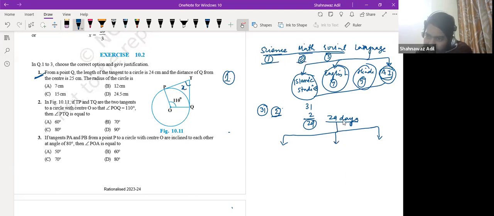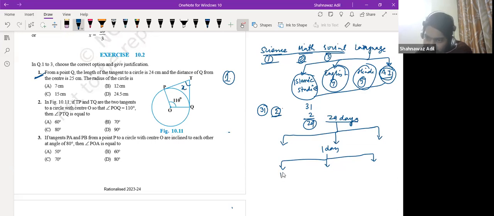So let's say in 29 days, in 1 day, how many hours can you give in total? 3 hours or 2 hours. Yes, we have to increase this time. So let's say you give 3 hours, but you have to increase that time depending upon your situation.